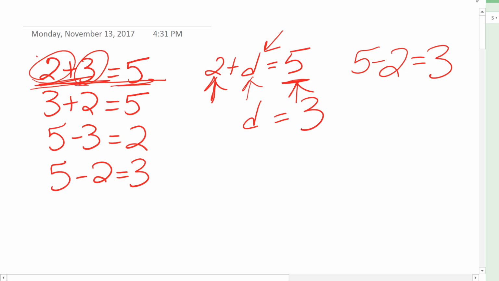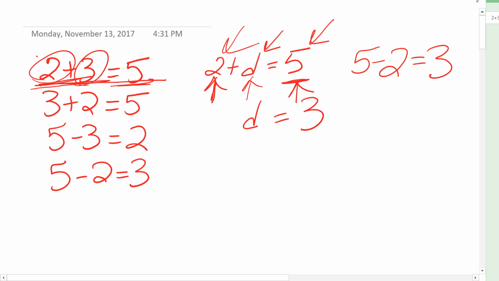Even if you have a more difficult problem, if I've got something plus a missing number and it equals another number, then to find the missing number, all I need to do is take the big number from the right side of the equation and subtract the smaller number from the left side.